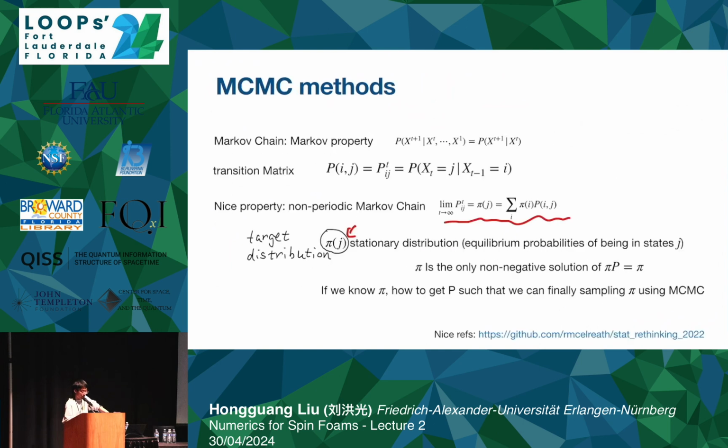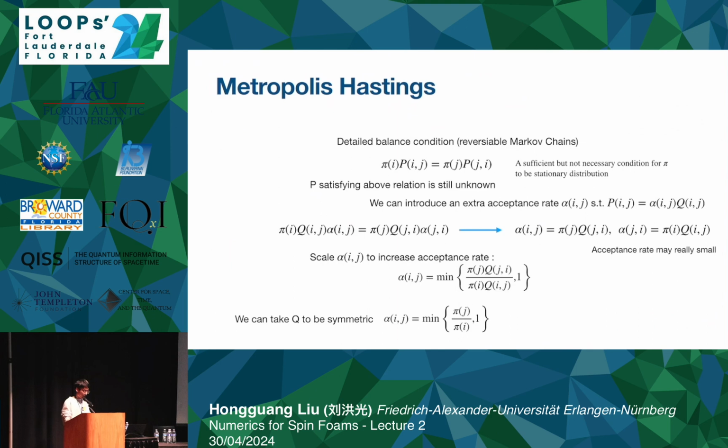If we have a sample of this distribution, we know how our observable is sampled on this distribution. So now the problem becomes a reverse procedure. We already know the target distribution; how do we build the Markov chain, how do we build P, the transition matrix? That's the Markov chain Monte Carlo method.